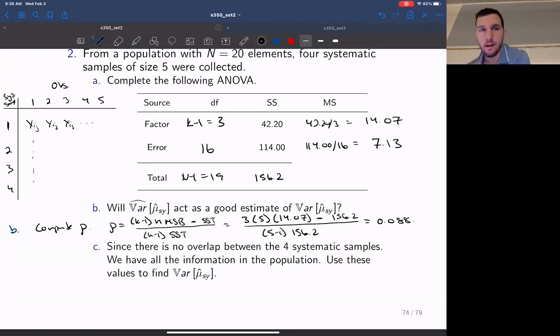So now what we can say is, since rho is close to 0, we would expect our estimate for the variance to be a good estimator for the variance of mu hat. Right? So we can say, since rho is close to 0, it's not really approximately 0.